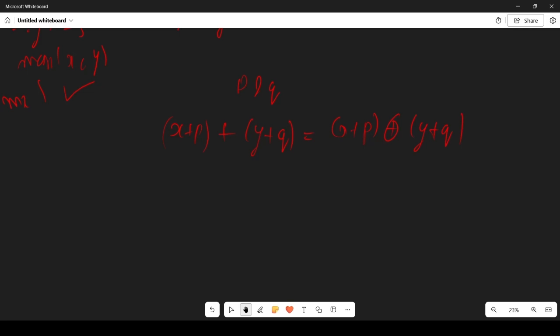If a question like this comes up, where we can shift x by some amount p, and we can shift y by some amount q, say p and q are both positive, we need to know again the same thing, whether x plus p AND y plus q is equal to 0. Is it possible? You can do it.